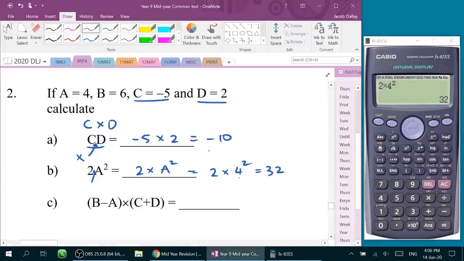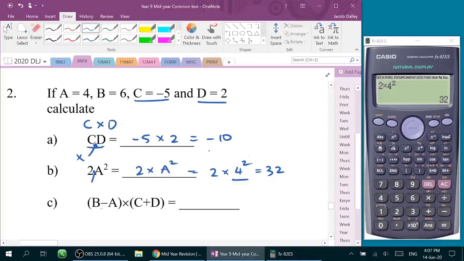See how it's done the exponent first in our calculator, because if it did 2 times 4, that would be 8, and 8 times 8 would be 64. What it has actually done is this part first: 4 times 4 is 16, so 2 times 16 is 32. So just be aware that your calculator is always doing BEDMAS. If you plug everything in exactly as it is, your calculator will sort out the BEDMAS for you.